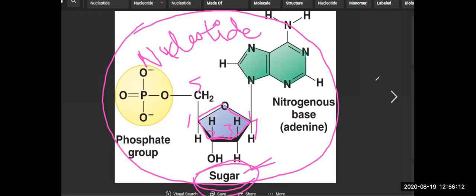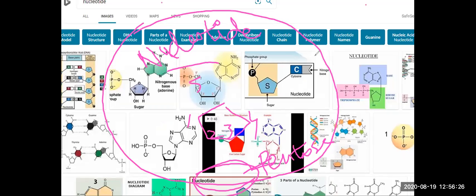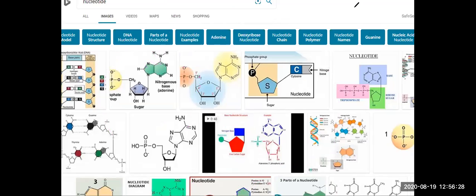This sugar is always a pentose sugar. So in a nucleotide, the sugar is always pentose. It is never a hexose, and glucose is a hexose sugar. So we are never talking about glucose here. Please remember this. These are very important points. The sugar should always be pentose.